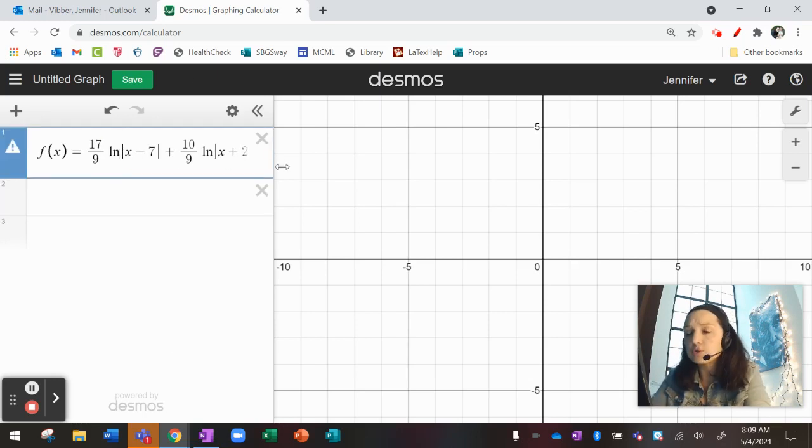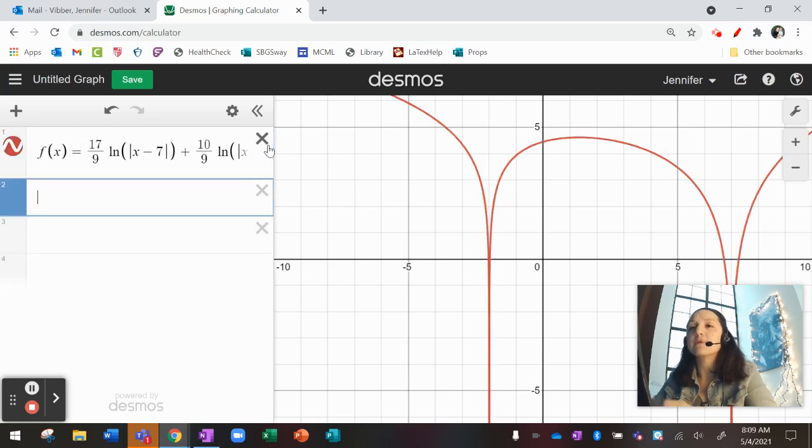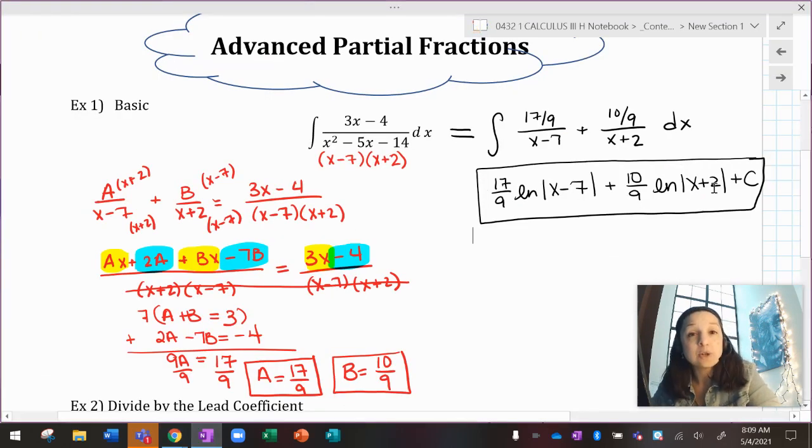I think that it just wants a parenthesis with this absolute value. There we go. Now it's happy. So there's my function. Now, what I just did is I graphed what I think the antiderivative is. And if this is the antiderivative, then the derivative of this thing in the box should equal the integrand.